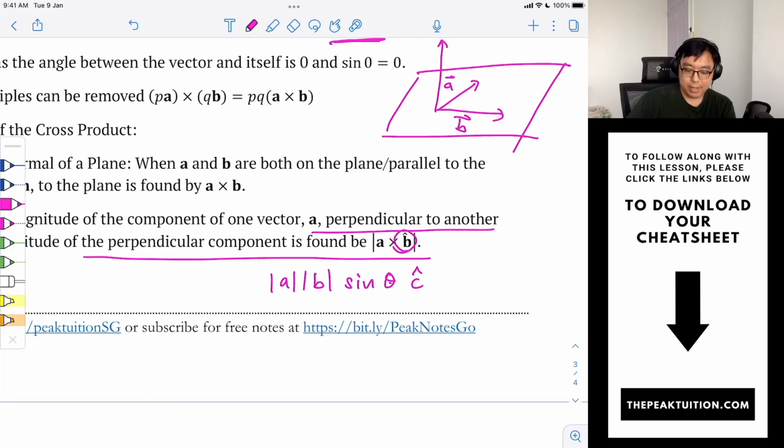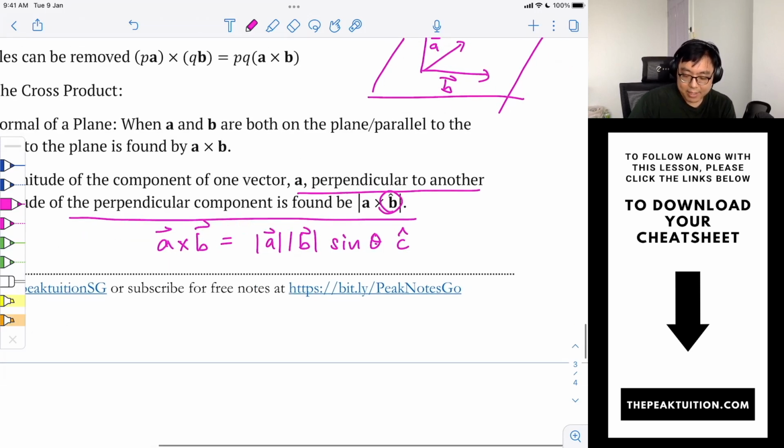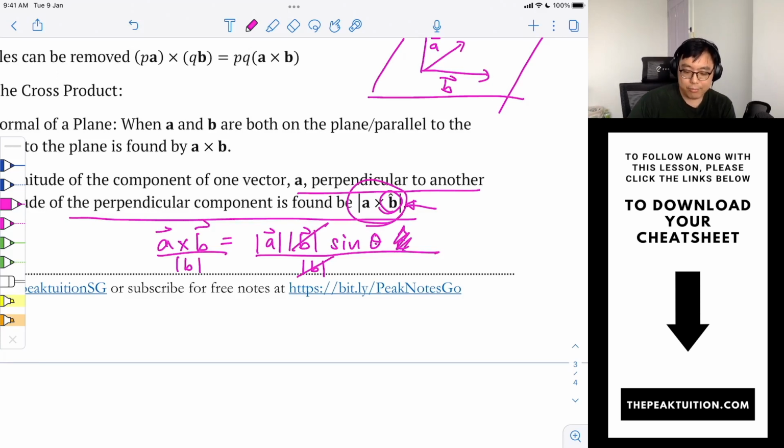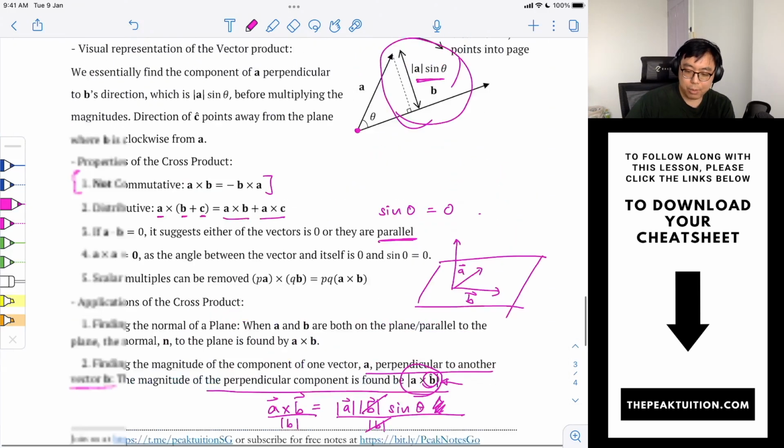This is how A cross B looks like, right? And we need the hat because it's basically dividing this by B, and this will cancel. And we need the modulus, the magnitude, because that will remove this vector here. And then we end up with A sine theta, which is what we are looking for here.